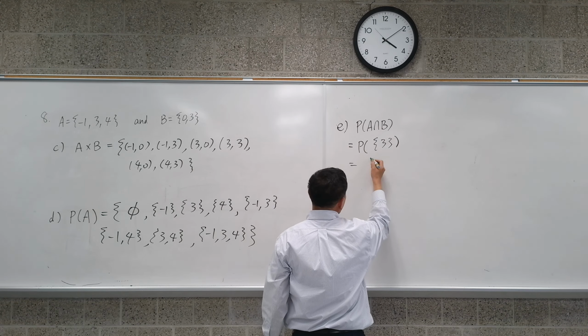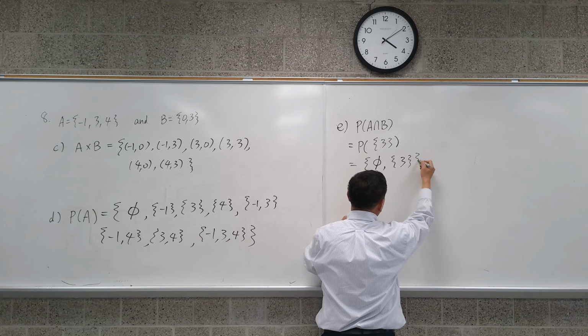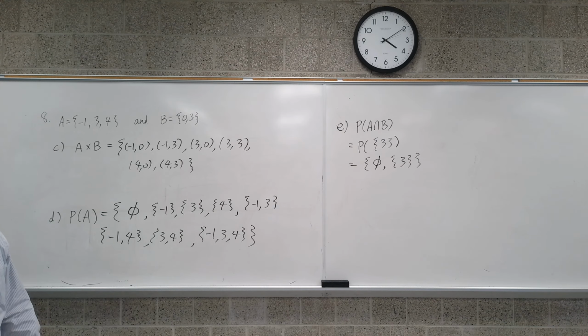So in that case, what are the subsets of this? Null set should always be included, right? What are the singletons? Just that itself, right? You can't think of anything more. And that's it. You can't think of any other subsets than the null set and the 3 itself, right? So that's the answer to E.